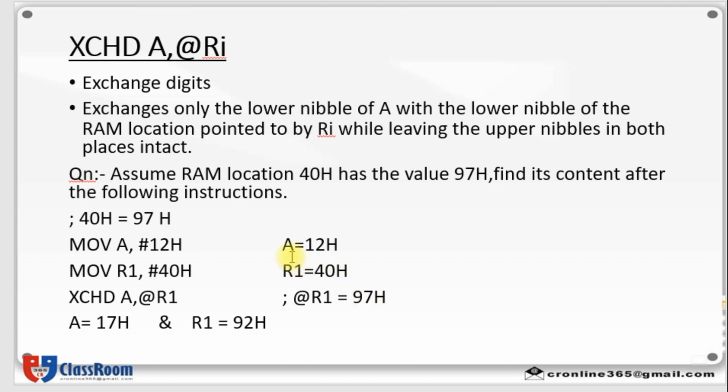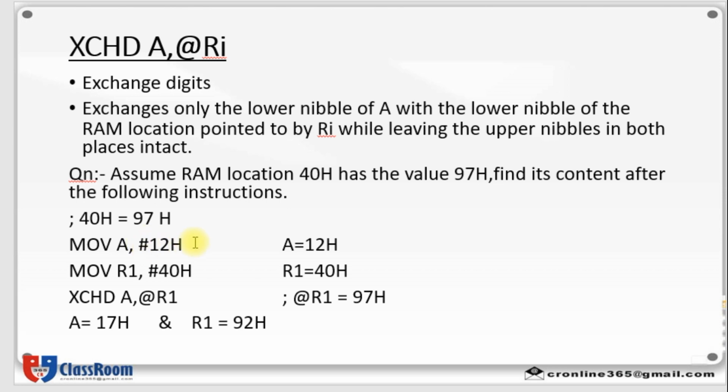So the accumulator will be having 1, 7. Lower nibbles are exchanged. Then what is the value of the RAM location? It will be having the upper nibble 9 as such and the lower nibble exchanged with the accumulator. So the memory location will be having the value 92H and the accumulator will be having the value 17H.